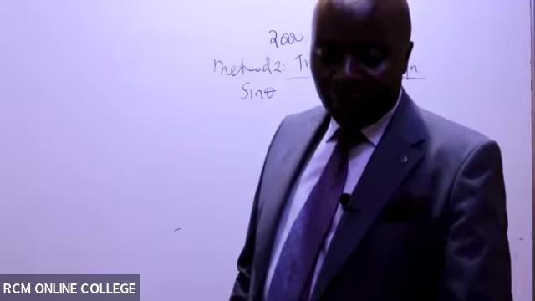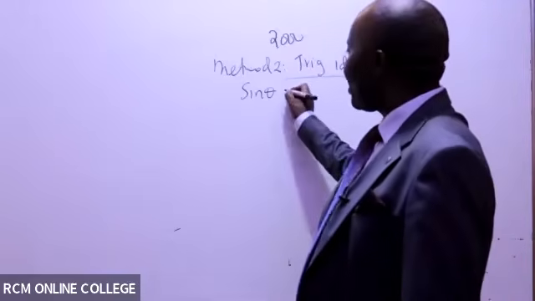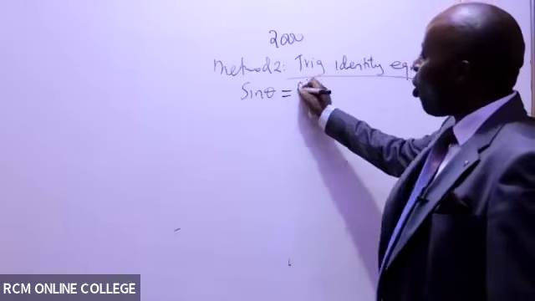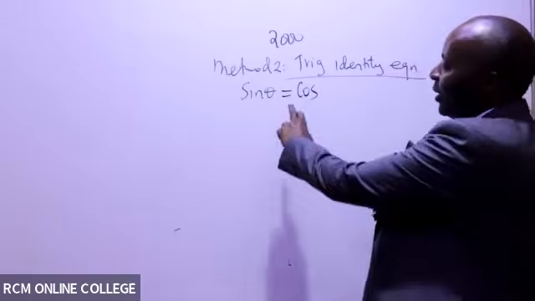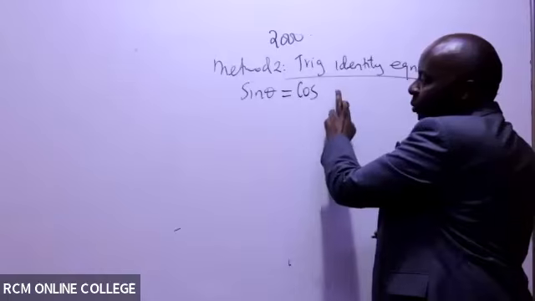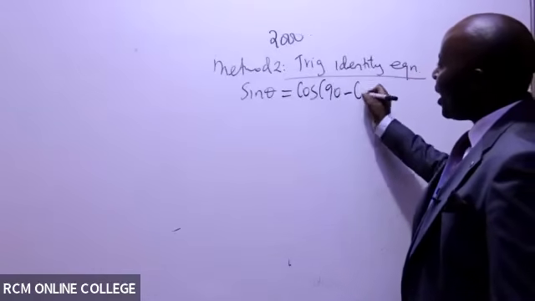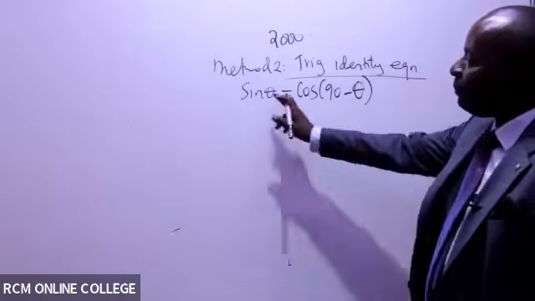So, ladies and gentlemen, remember the trig identity equation. It tells us that sine theta will be equal to cosine of the complementary angle, which will be 90 minus the theta that you have here.